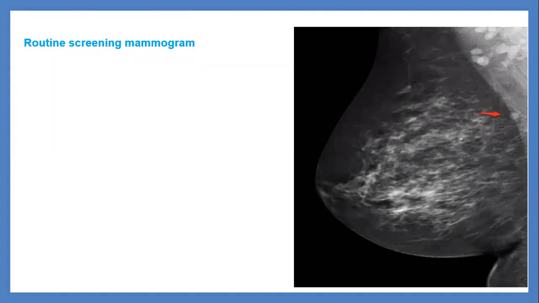Excellent. No associated architecture distortion or skin changes or asymmetry, but in the axilla, there are multiple circumscribed masses at the axilla with high density, and some of them show lucent areas.